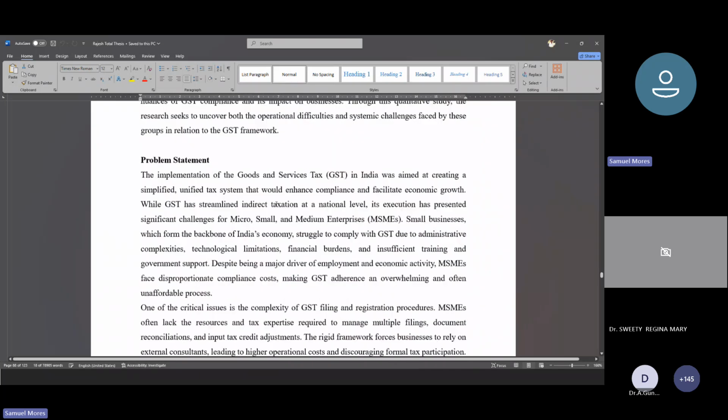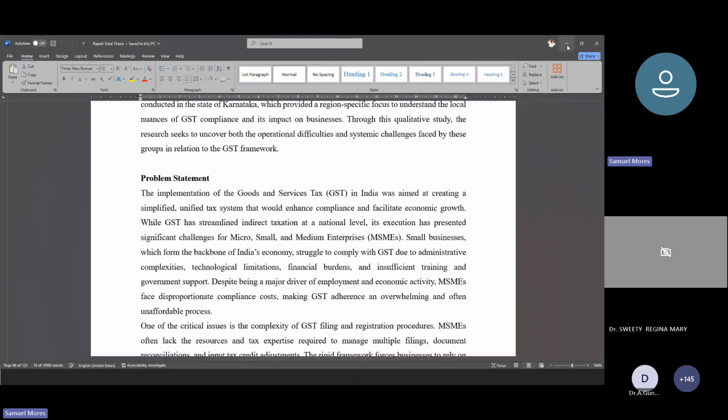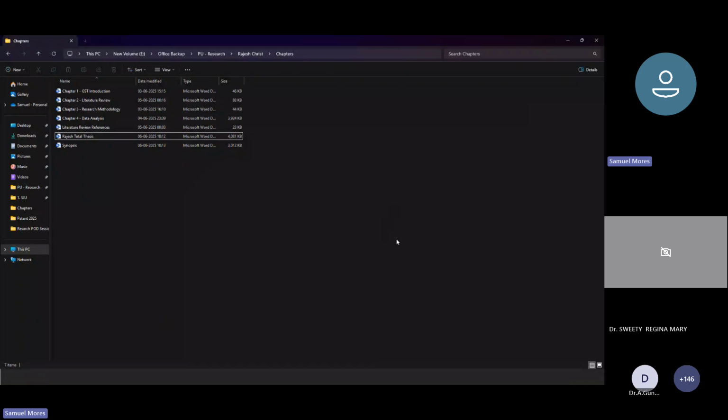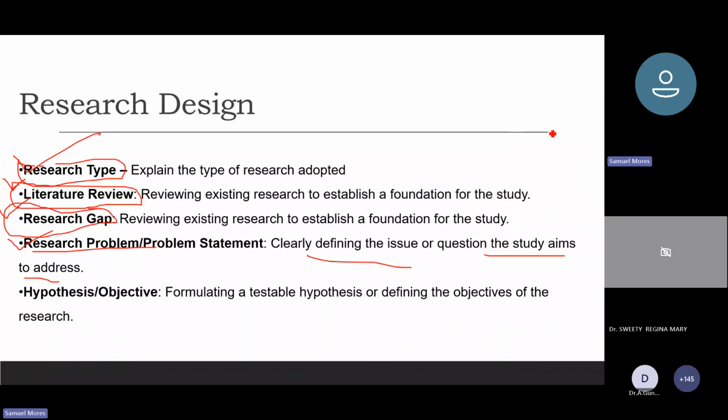This clearly says in what context I am conducting research, what is identified as a problem that has provoked me to take up this research. A clear definition of the problem drives the research in the right direction. That problem statement has to be presented in the research design. In research design, we write first about the type of research.